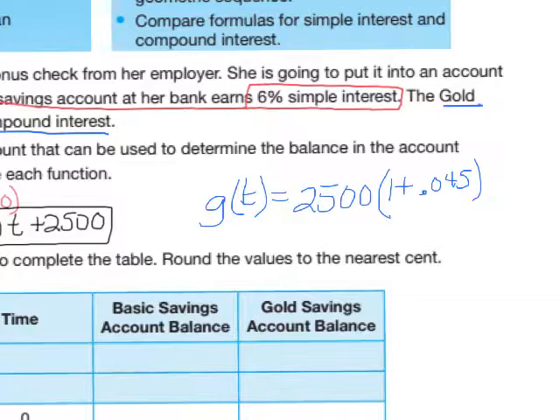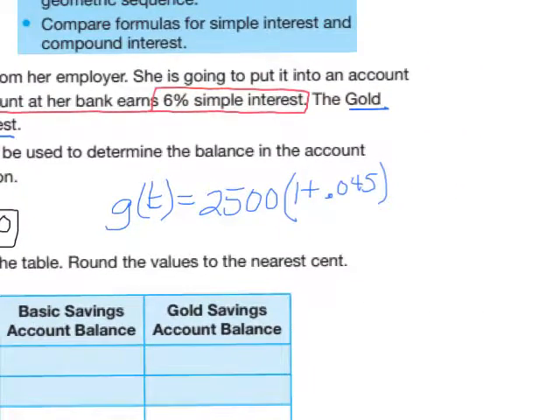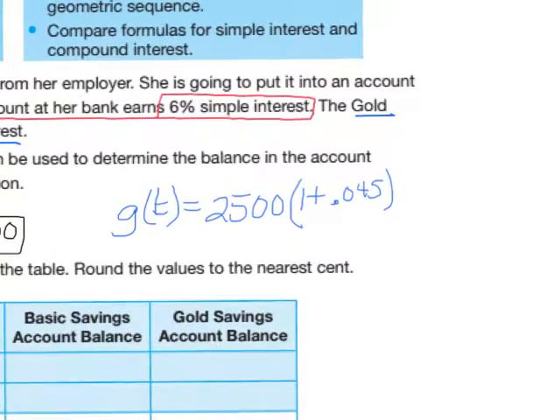It was different, as you recall. They actually had less interest. And then that would be to the power of t. So to write your function, all you need to do is fill in your original amount, and then the interest rate. The variables would be time, and then, of course, what the total would be. This represents the total she'll have depending on time. That's what's called G of t, her gold account in terms of time.